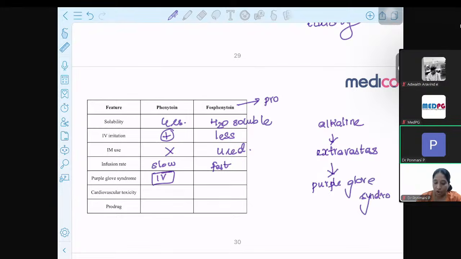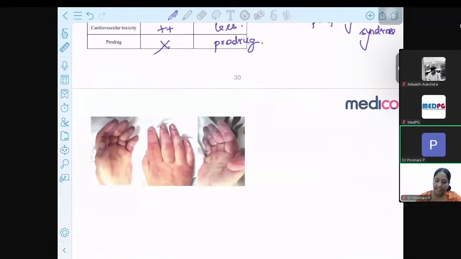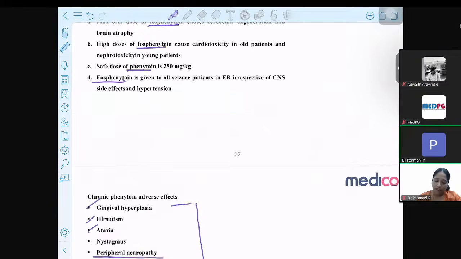This is more with phenytoin, and is not seen with fosphenytoin. Cardiovascular toxicity is more with phenytoin, and it is less with fosphenytoin, which is a prodrug. So this image represents purple glove syndrome, which is caused by phenytoin when it is extravasated outside. Okay, so what are the options given here?